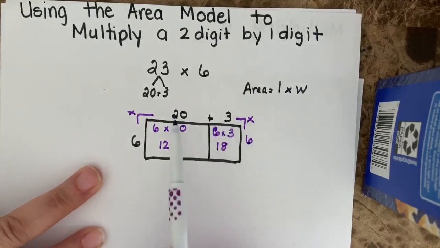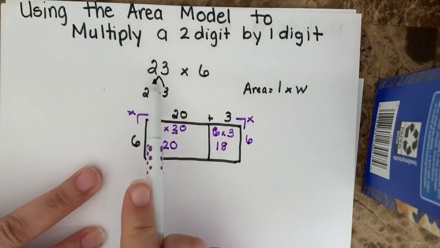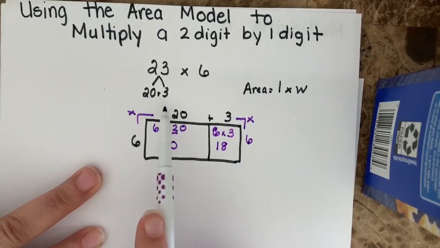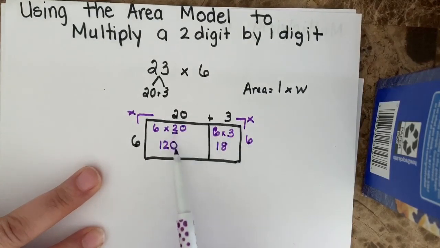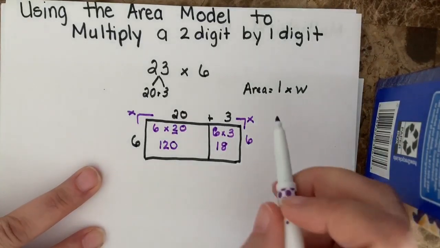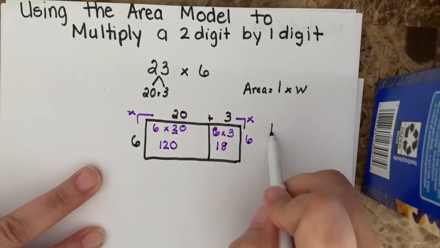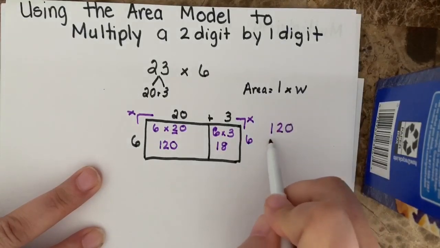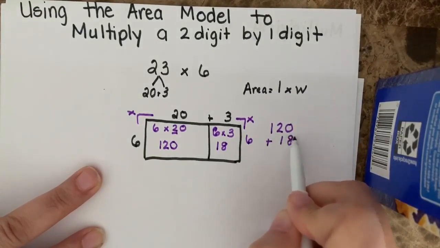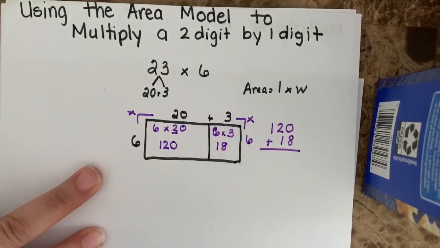Now at the beginning, we took apart or broke apart the 23 into tens and ones. Now we have to put those parts back together. We're going to take these partial products and add them together to get the final product. So I'm going to take 120 plus 18, and add those parts together.